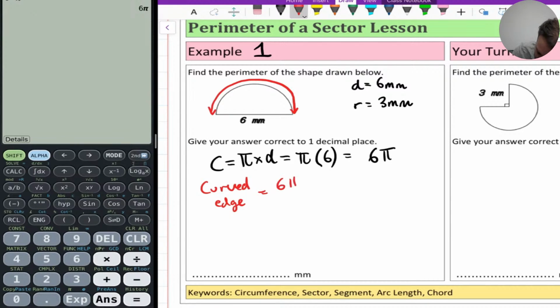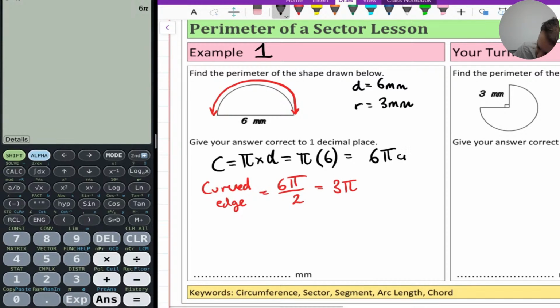So 6 pi divided by 2, which is equal to 3 pi. Remember that this is the distance, so the units on this are millimeters. So I now know that this curved edge is 3 pi.